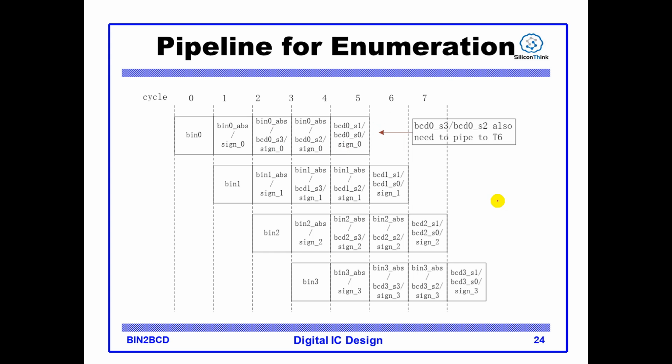By the way, I want to give you some guidelines on how to pipeline a design. From the 3 pipeline examples, we can say, before we pipeline the design, that is before we draw the diagram, the first thing you need to figure out is the pure combination logic circuit for this design.